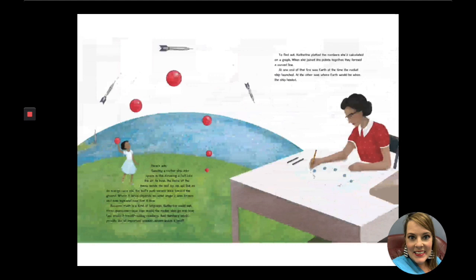How high would the rocket ship go, and how fast would it travel? Using numbers, she would find the all-important answer. Where would it land? To find out, Katherine plotted the numbers she calculated on a graph. When she joined the points together, they formed a curved line. At one end of that line was Earth at the time the rocket ship launched. At the other was where Earth would be when the ship landed.